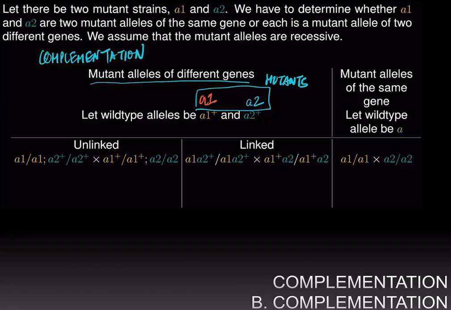And now if these are two different genes, then we can discuss two alternative scenarios. One is that the genes are not linked, so they are on separate chromosomes, and the other scenario is where the genes are linked. So let's do the first situation where the two genes are unlinked.